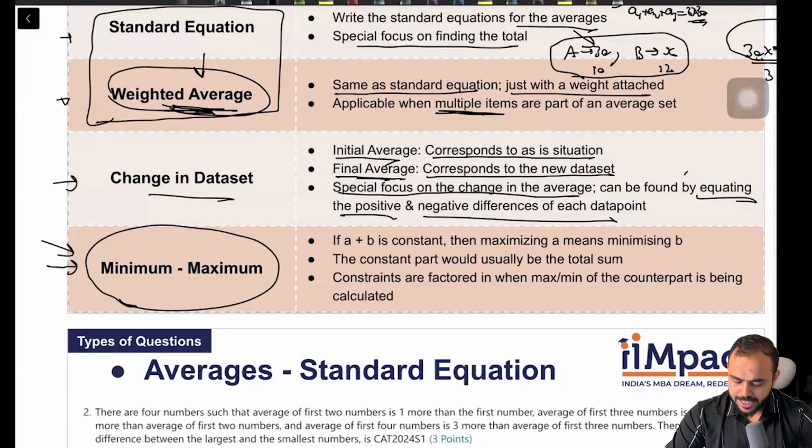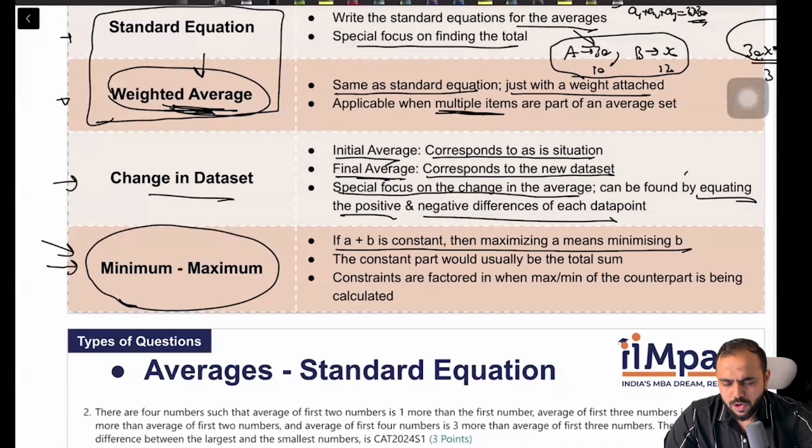So, a general statement: if a plus b is constant, regardless of what a and b are, then if I say that you should maximize a, would that also mean you should minimize b? Because the sum is constant. So, if a has to go up, b will have to go down so that the sum remains the same.